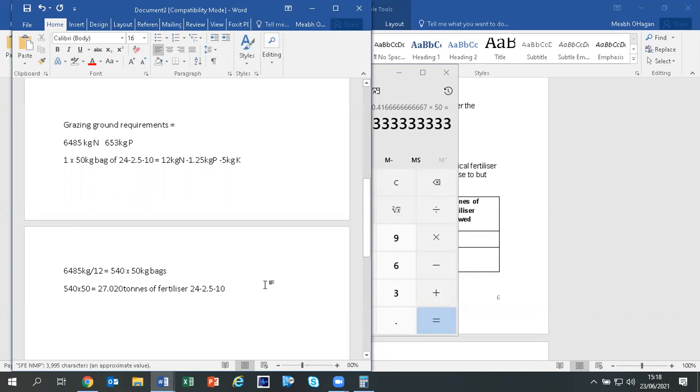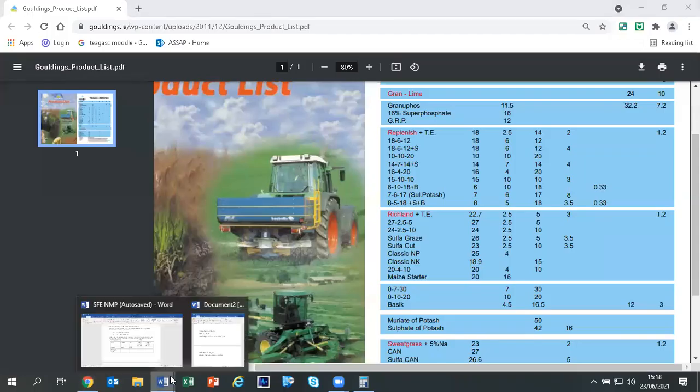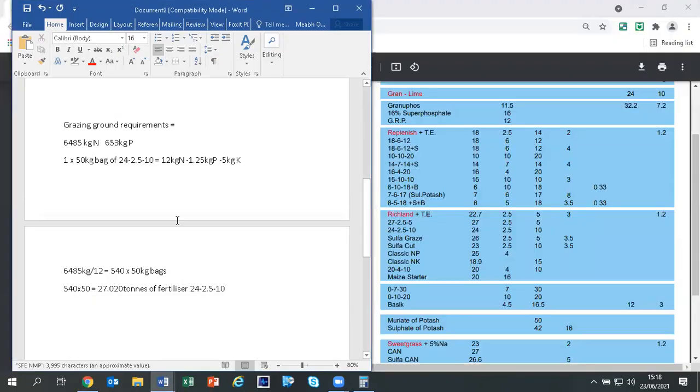Hopefully that has all made sense so far. So the first thing, just to go back through it very quickly, what we first did was we tried to pick out a fertilizer product that had the correct ratio of nitrogen to phosphorus to meet our requirements. We worked out how many kilograms of nitrogen and phosphorus there would be per 50 kilo bag of that fertilizer.